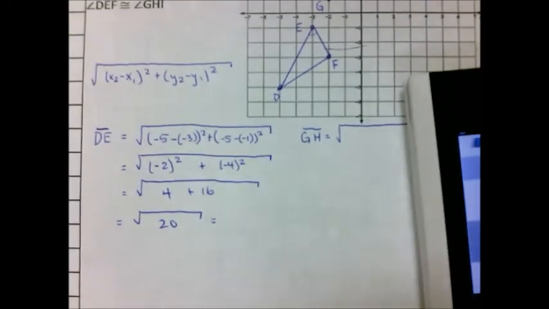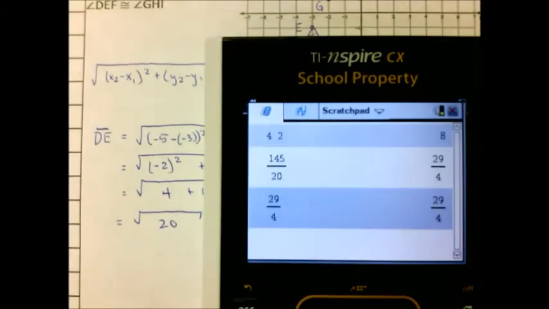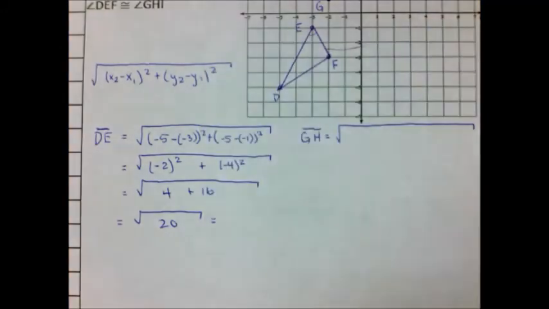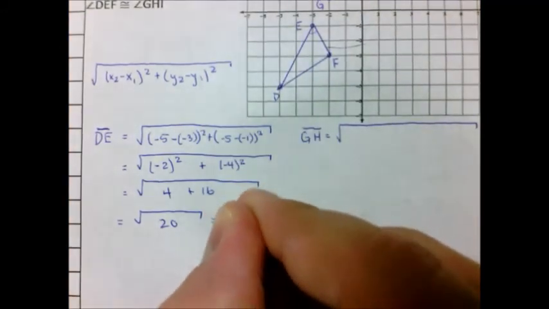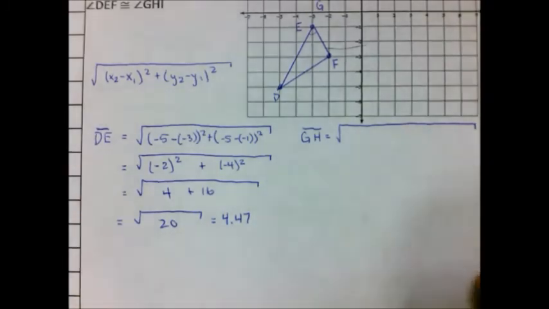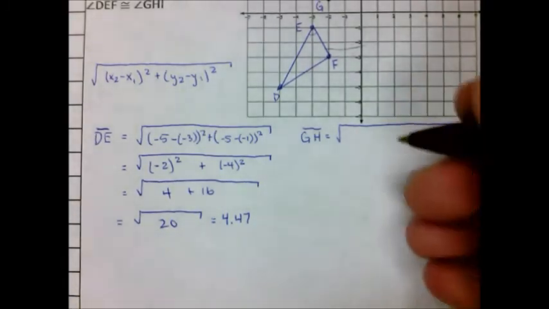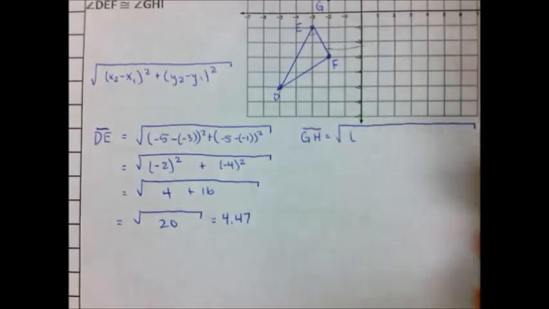the square root of 20 on the calculator, which is 4.47. We'll round to the nearest hundredth. Okay, 4.47. Now we have to find the same thing for GH. For GH, G will be our (x2, y2) and H will be our (x1, y1).